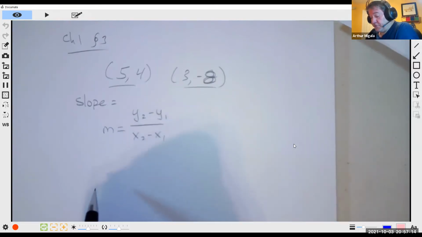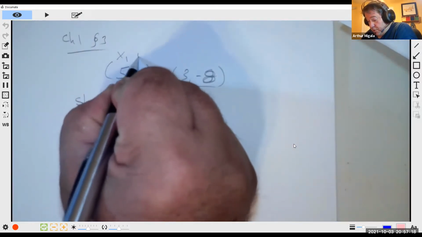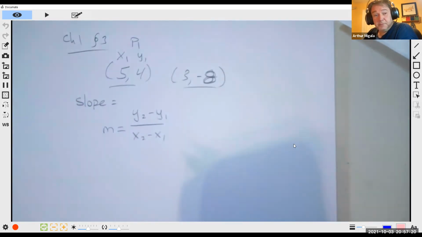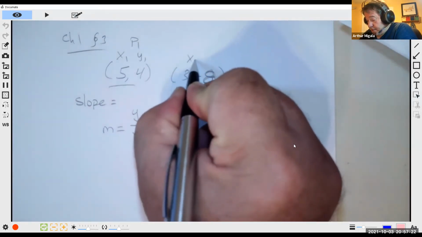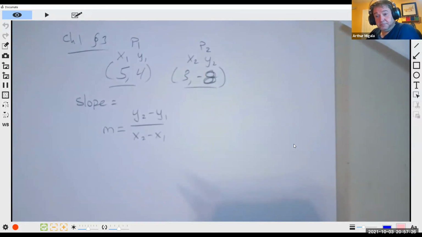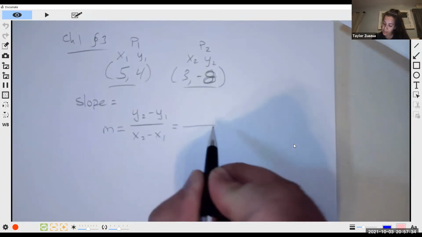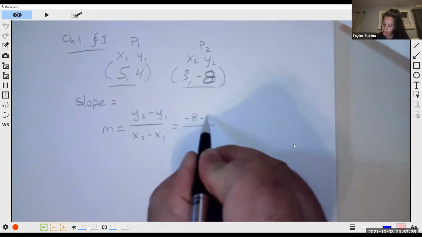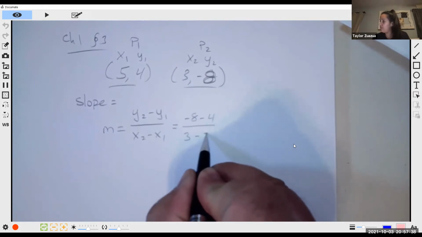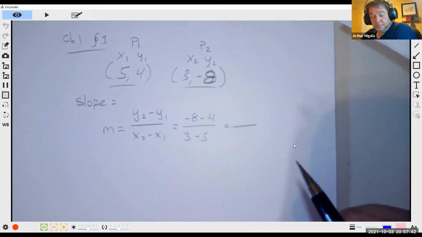Right, so there's the formula for slope, where this is the point x1, y1, the first point, and this is x2, y2, the second point. So you would do -8 minus 4, and then 3 minus 5.